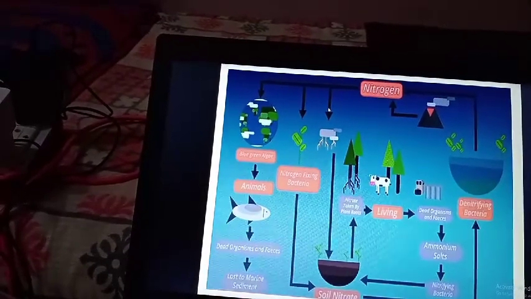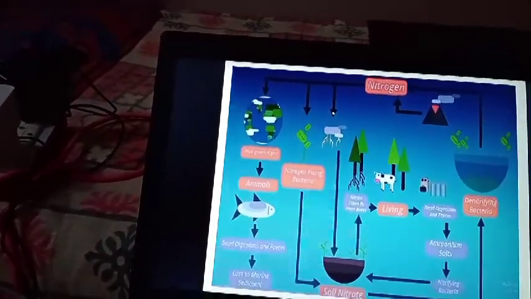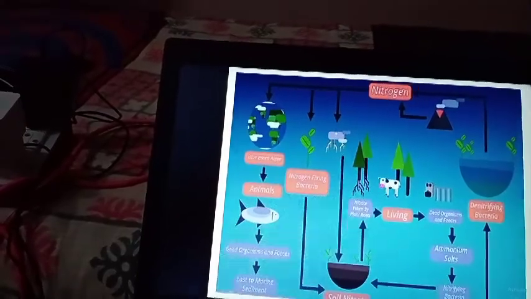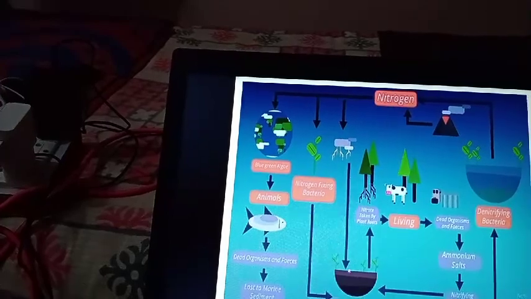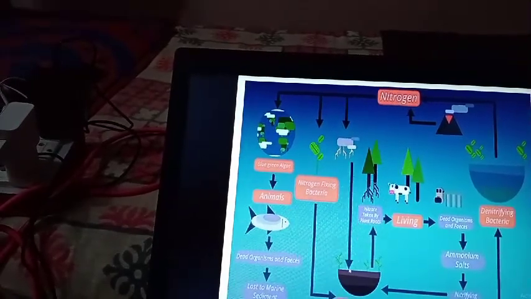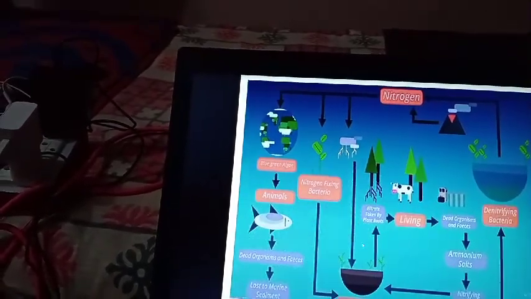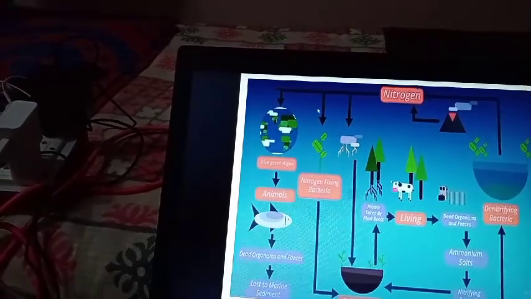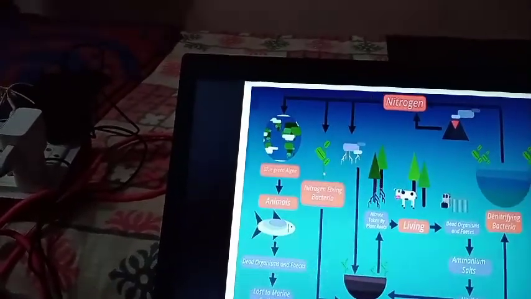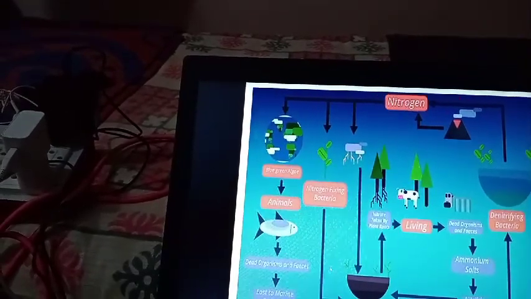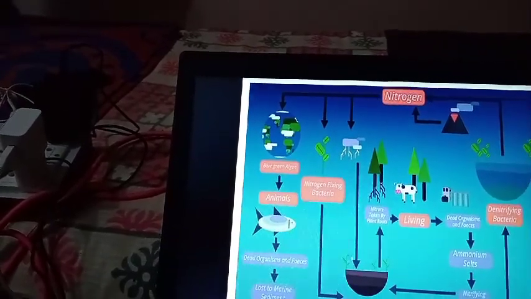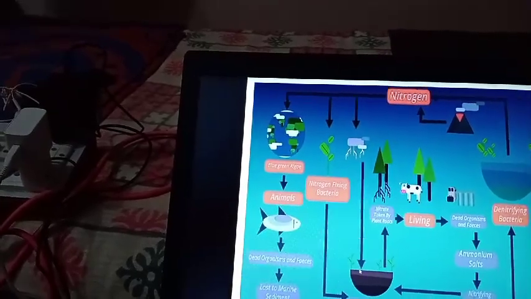The nitrogen in the atmosphere, during lightning, is converted into nitrates and becomes part of the soil. Also, the rhizobium bacteria and nitrifying bacteria fix the nitrogen. Thus, the nitrogen compound is formed in the soil.